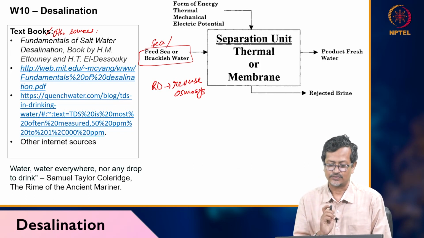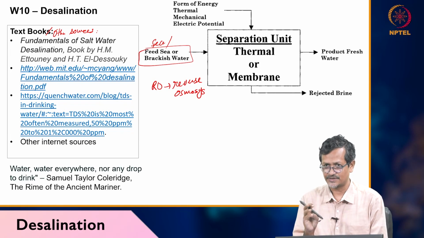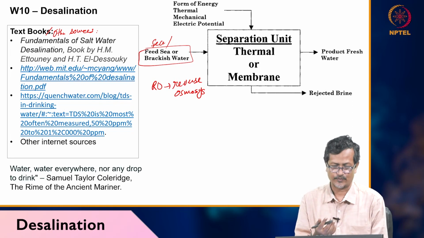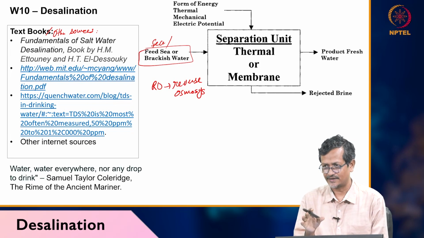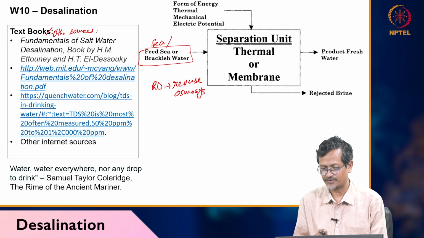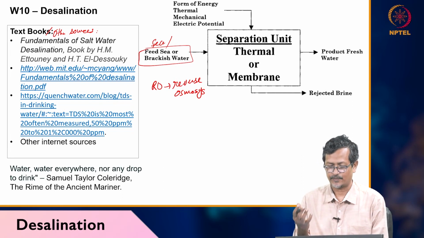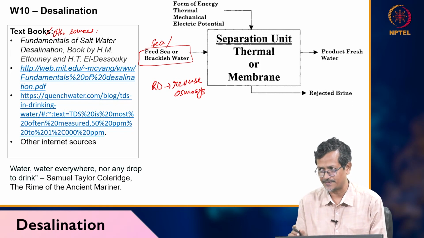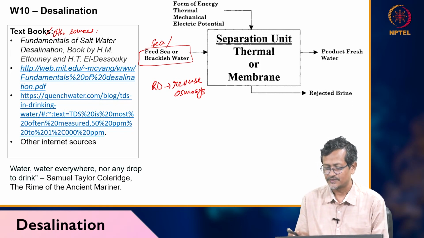Not all water is the same in terms of desalination, because sea water has a larger amount of salt, while groundwater and normal river water have a lesser amount of salt. A lesser amount of salt means purifying it will take less energy. But if you have a very large amount of salt, say sea water at 35,000 or 36,000 ppm, parts per million, then your energy requirement will be very high.